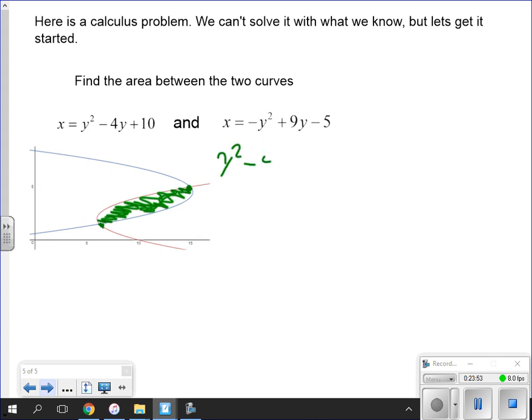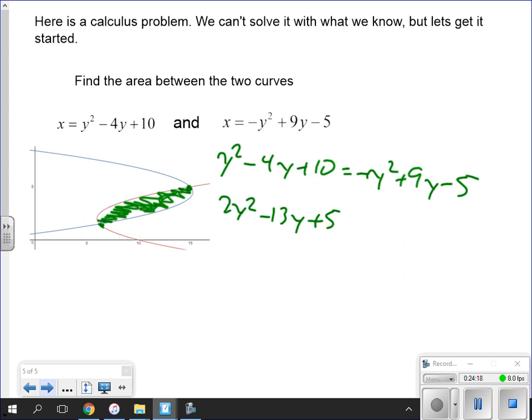Y squared minus 4y plus 10 is equal to negative y squared plus 9y minus 5. Move everything over to one side, and you want your squares to be positive and set it equal to 0. 2y squared minus 13y plus 15 is equal to 0.